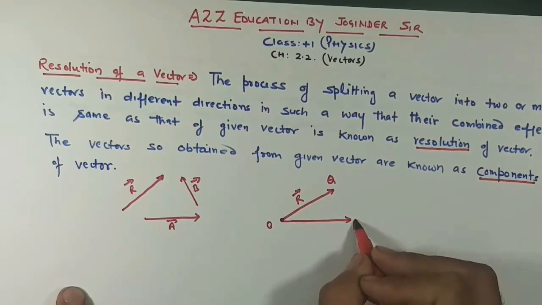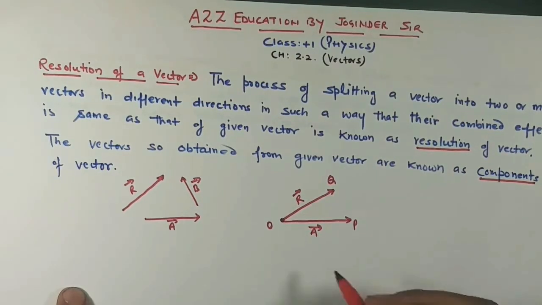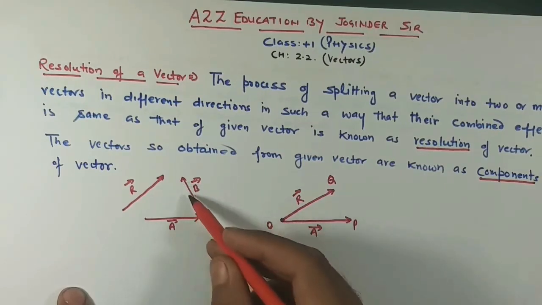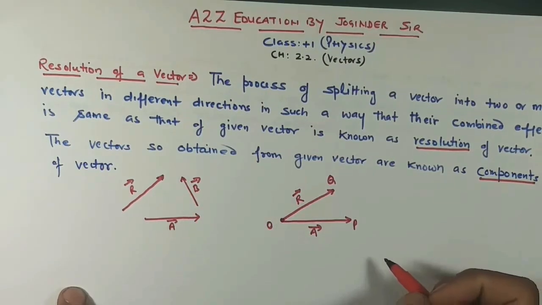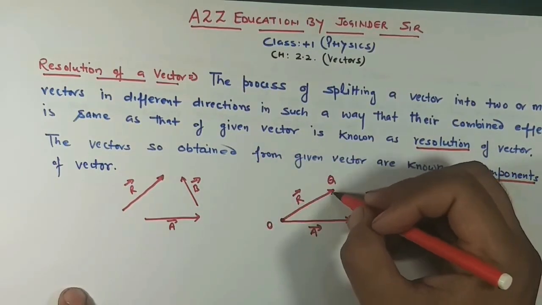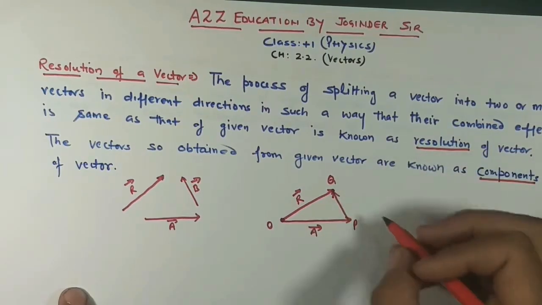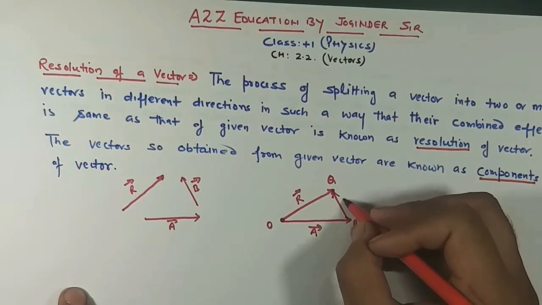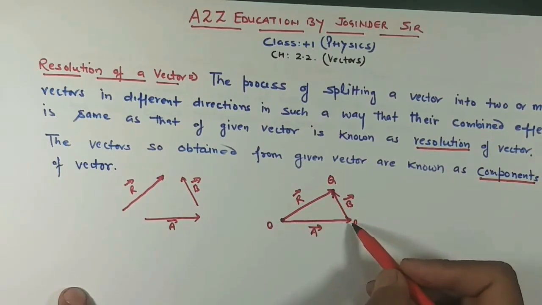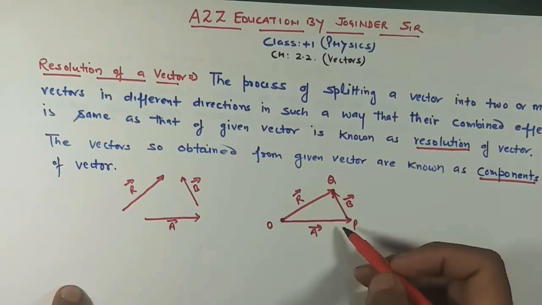Suppose this point P, it is equal to vector A, और उसी तरह से हम B के along B की डायरेक्शन में एक वेक्टर ड्रॉ कर देते हैं. इट इज लाइक दिस एंड इट इज इक्वल टू B. अब हमने R वेक्टर को A और B दो वेक्टर में स्प्लिट कर दिया, राइट.